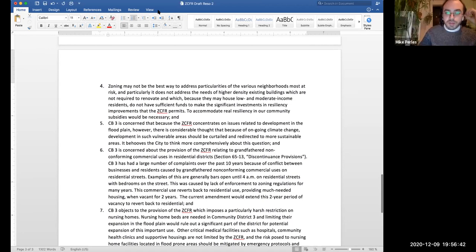No, I'm okay with the language because I don't think this implies that it encourages more development. It's just saying that there's a line of thinking that says that we shouldn't continue as is. Sorry, my dog is going crazy.